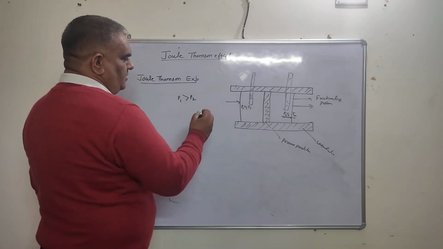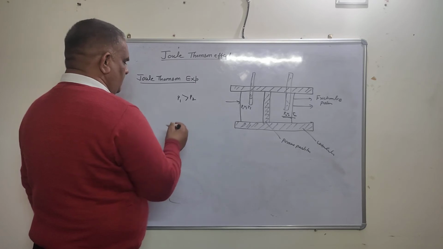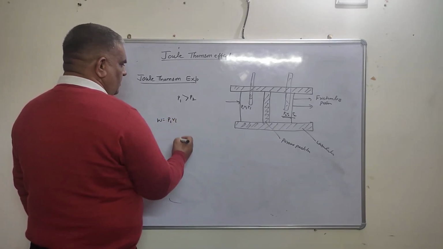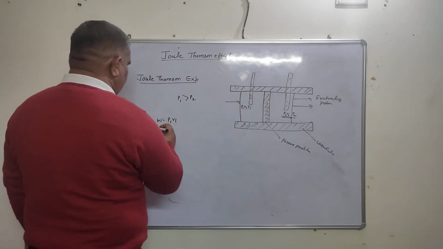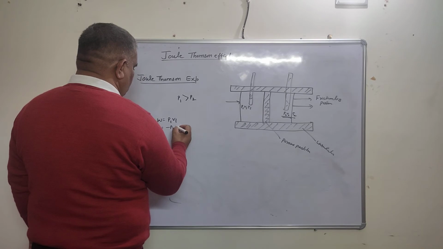The work done on the left hand side on the system is P1 V1, and the work done on the right hand side by the system is P2 V2.